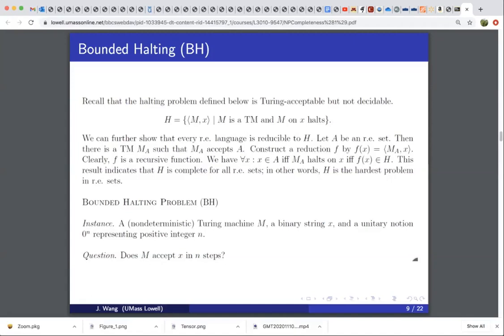This is simply the encoding of the Turing machine MA, so it is straightforward. It is actually linear time computable. So F is computable. Now we check: X is in A by definition if and only if MA accepts X, so MA halts on X and accepts it.